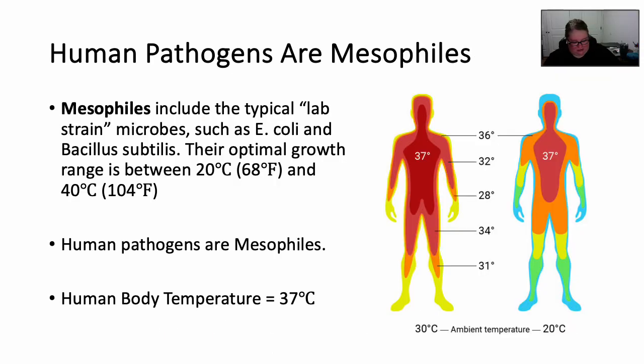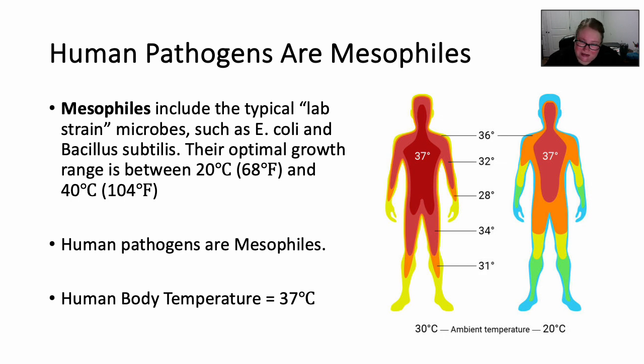Okay, so let's talk about mesophiles, because me and you, we function best at about 37 degrees Celsius. The organisms that live at that temperature are what are called mesophiles. So our lab strains of E. coli and our lab strain of Staphylococcus epidermidis that are in the back of the classroom right now, these are all mesophiles because they prefer that 37 degrees Celsius.